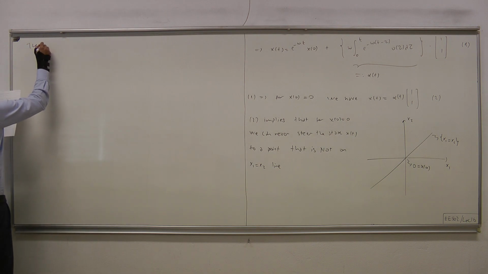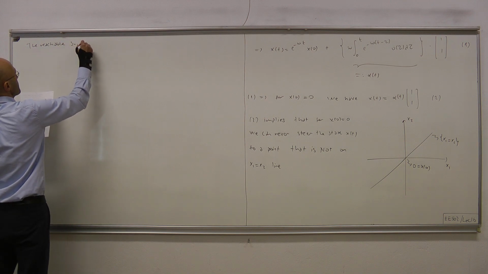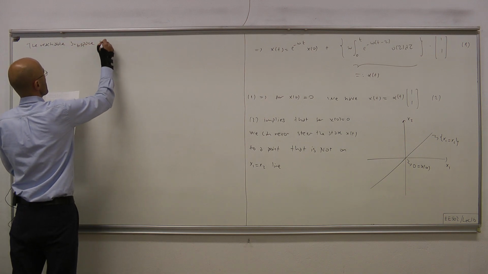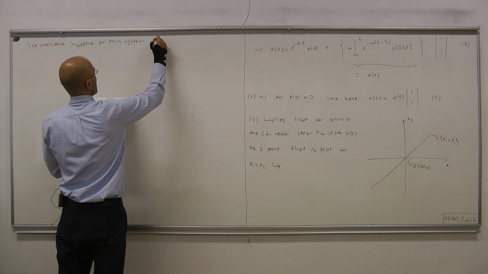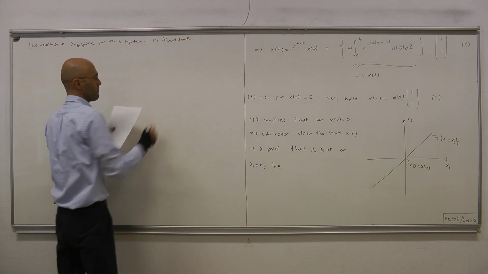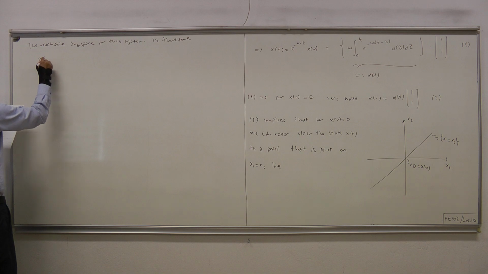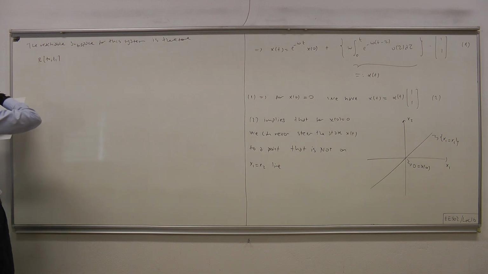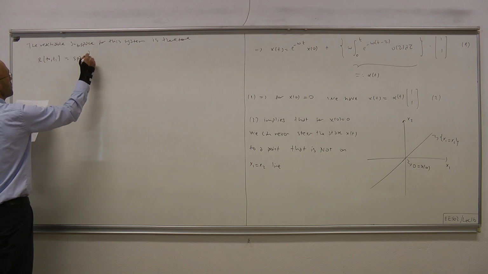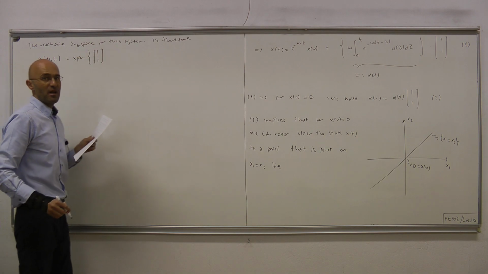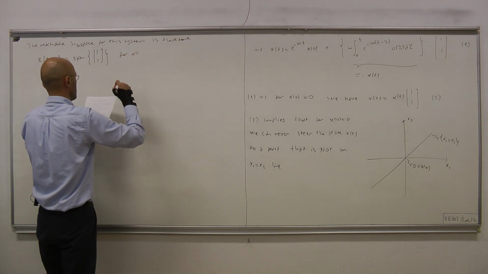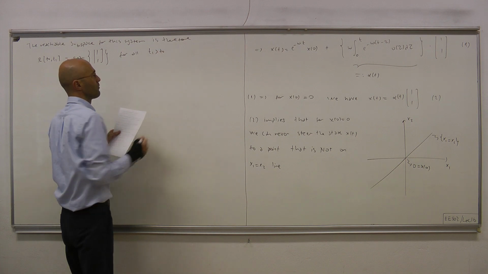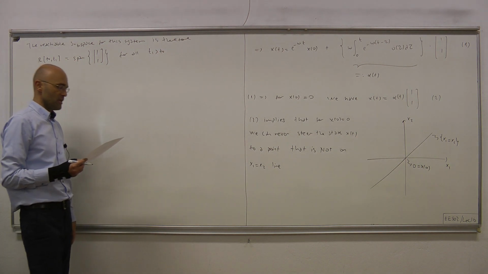The reachable subspace for the system, therefore R(t0, t1), equals the subspace that's spanned by this vector 1, 1 for all initial and final times t1 and t0.